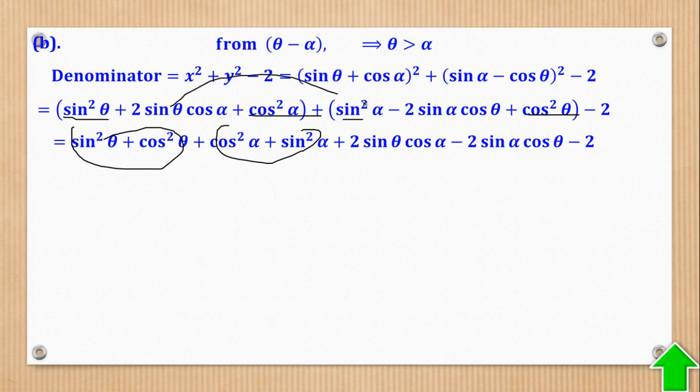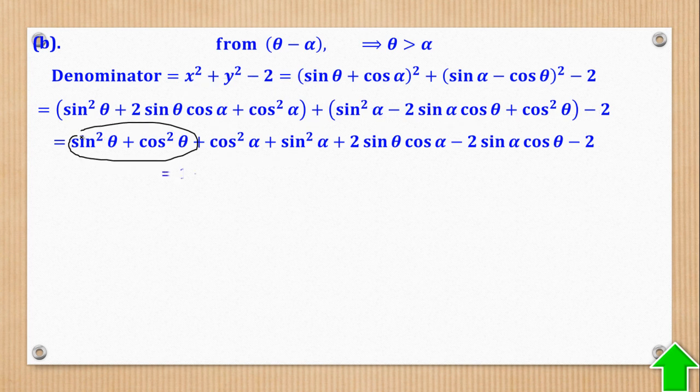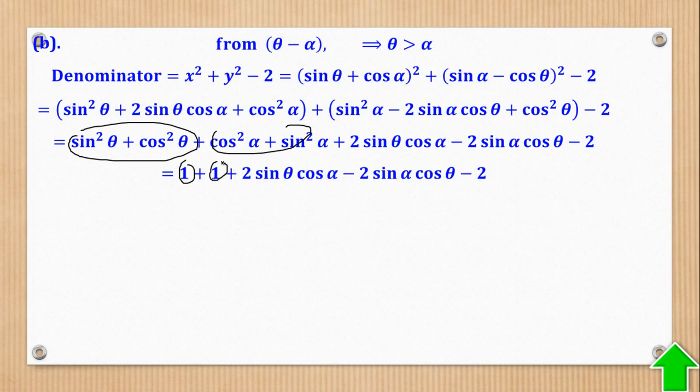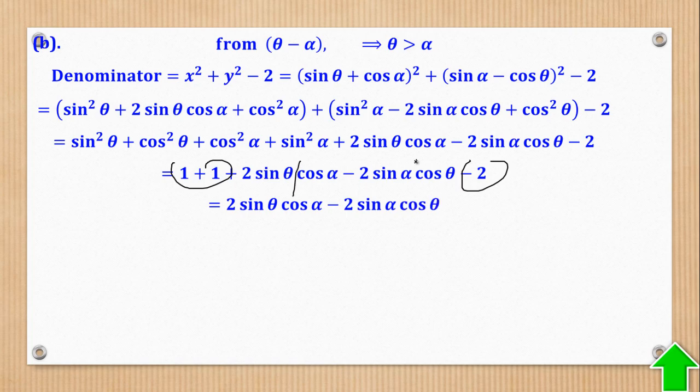Then there is this one, and this one, and this one. Why did I rearrange? It is because there's an identity which can make this equal to 1 and this equal to 1. Then you remain with this, this, and this. Okay, now this with this cancels, you remain with this and this.